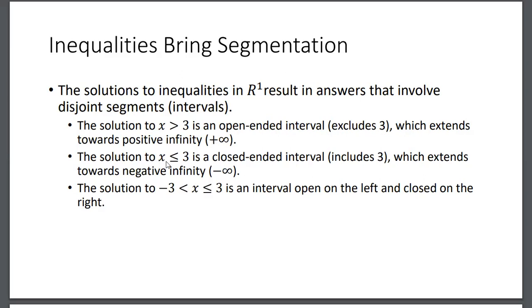The solution to x is less than or equal to 3 is a closed-ended interval, including 3 itself, because of the less than or equal to, which extends towards negative infinity. The solution to this three-part inequality here, where x needs to be greater than -3 and less than or equal to +3, is an interval open on the left and closed on the right. Intervals. Segments.